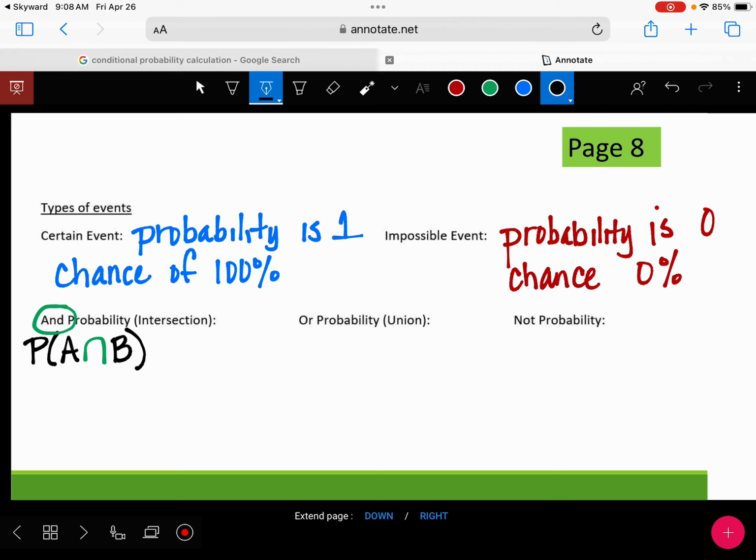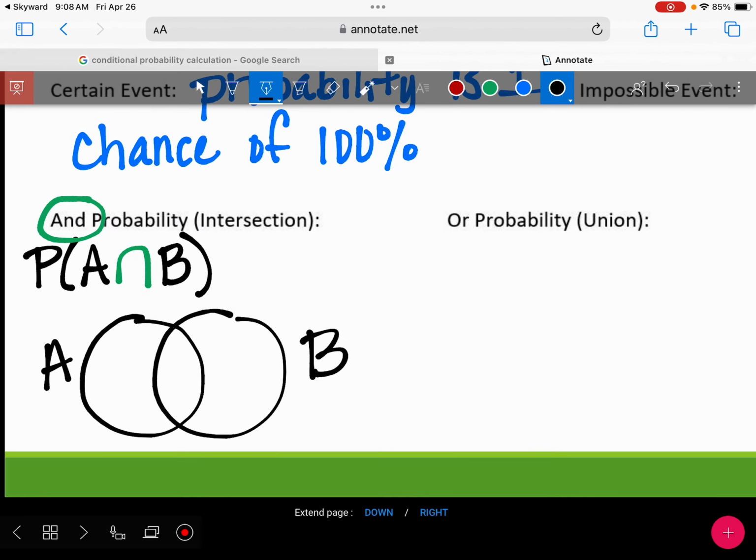Let's go ahead and draw that out. If I have two circles, this side is A and this side is B. The and is going to be the overlap. So and means overlap. It has to satisfy both in order for me to say it's A and B.